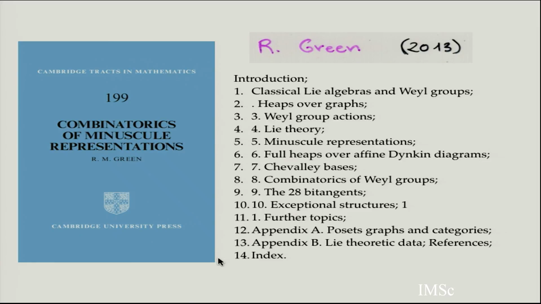This is a book of Richard Green about combinatorics of minuscule representations, where he also used some operators on what he called full heaps. It's this kind of idea also, full heap, where there are not too many holes in the heap. This idea, and to have this condition star, is also related to fully commutative elements in Coxeter groups. So there will be a chapter on fully commutative elements in Coxeter groups, only for AN, for the symmetric group, the most simple case.